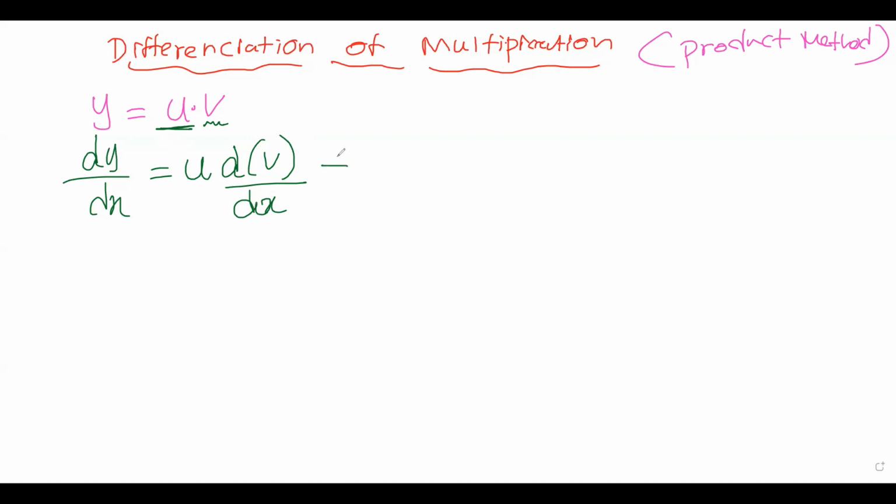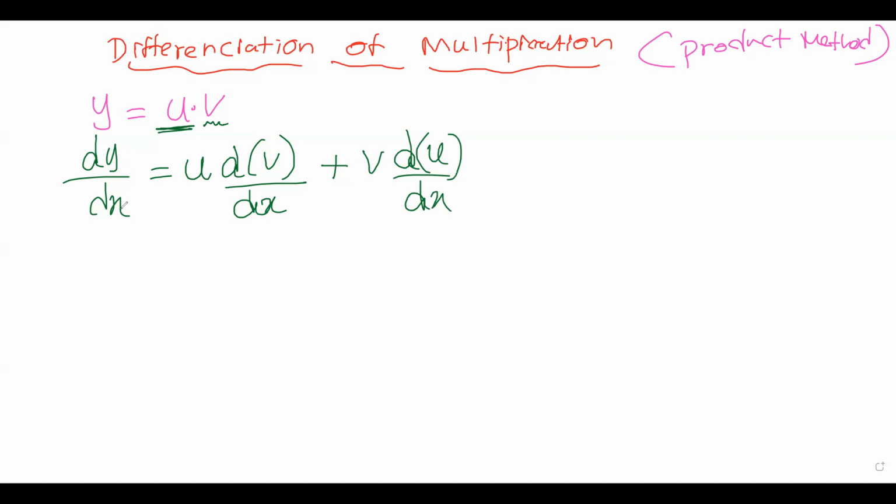And put a plus mark here, and write v times du by dx. This should be the equation of the derivation.